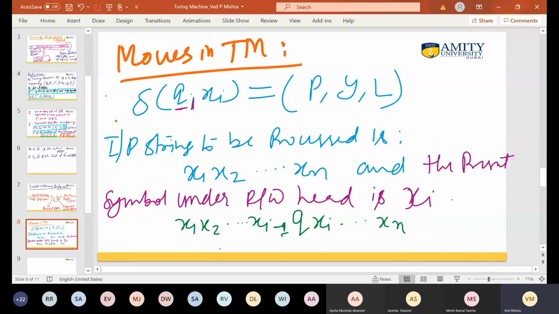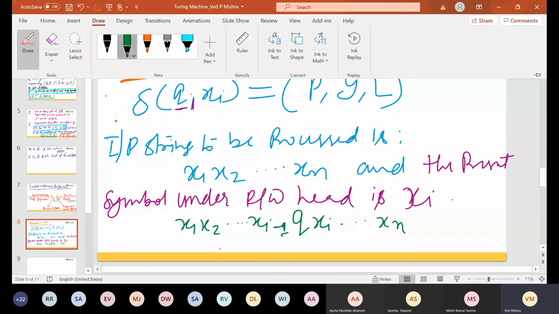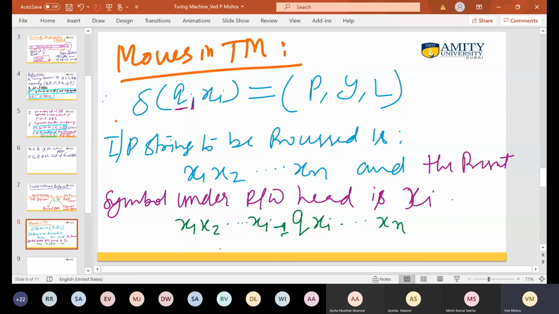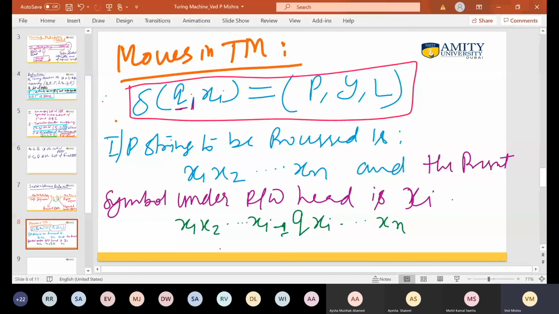Now tell me, you have to apply this rule here.